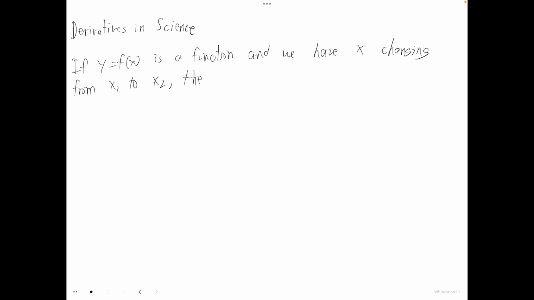So as a reminder, if y equals f of x is a function, and we have x changing from x1 to x2, then the change in x, which we write as delta x, equals x2 minus x1, and then change in y is f of x sub 2 minus f of x sub 1.